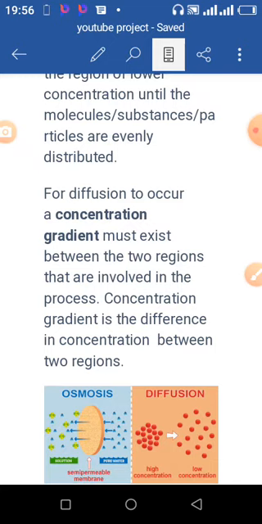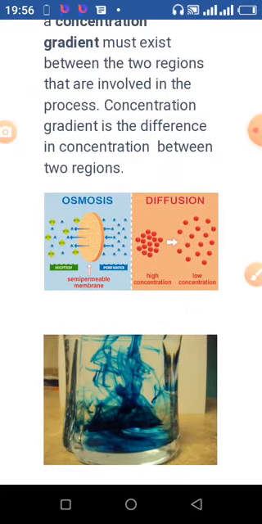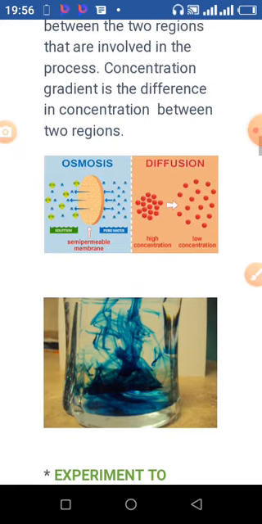One side has a high concentration, and the other has a low concentration or none, and the high concentration moves to the low concentration part in order for all the molecules to be evenly distributed. As you can see at the side over here, diffusion goes from high concentration to lower concentration, so they are evenly distributed.